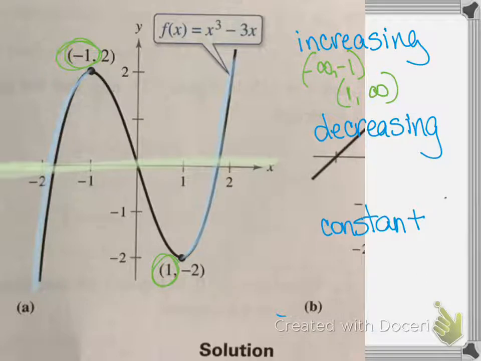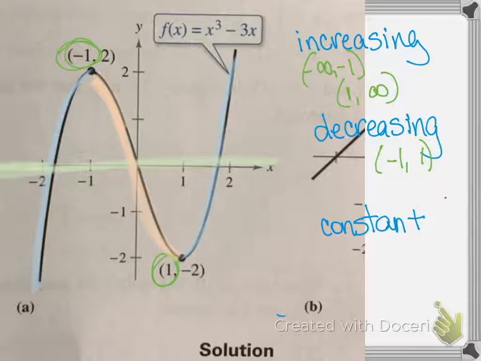Now, the part of my graph that's decreasing is this portion right here. Who can tell me what that is in interval notation? Yes, negative 1 to 1, because we are looking at our x values, negative 1 to 1.